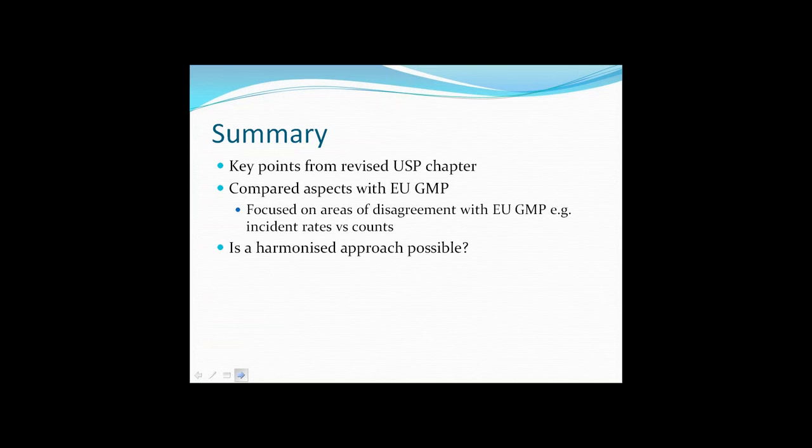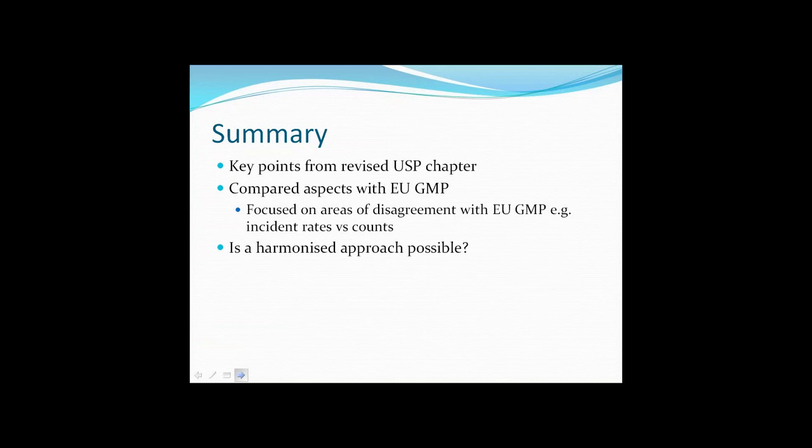That really comes down to this issue of examining the data as incident rates as against examining data as individual counts and individual excursions. It probably is possible to harmonise the two, although data presentation might need to vary a little bit.